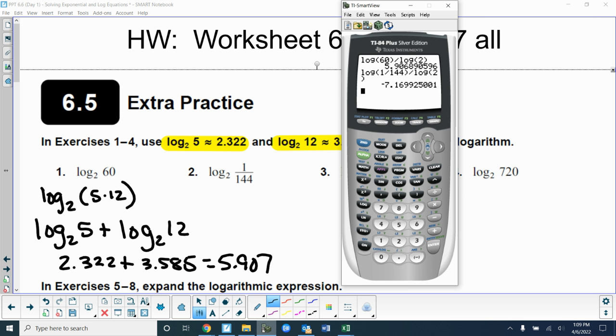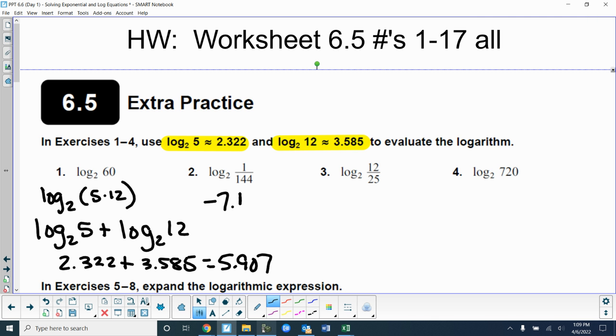All right, so it should be negative 7.17 if we round it. All right, do we understand these now? These are like the last 4 you had to do on this. Just using the calculator. We call it the change of base formula.